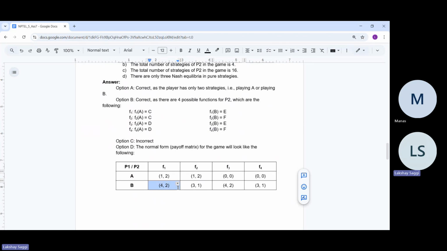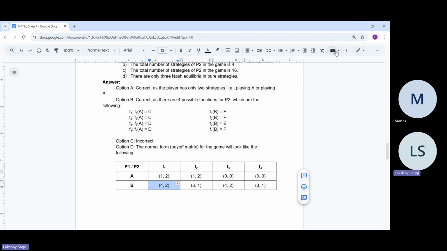But at least player one has no incentive to switch here. Does player two have an incentive to switch here? The payoff for player two currently is 2, and player 2 can't get anything more because in all the columns, the maximum payoff is 2 only. So this indeed is a Nash equilibrium.